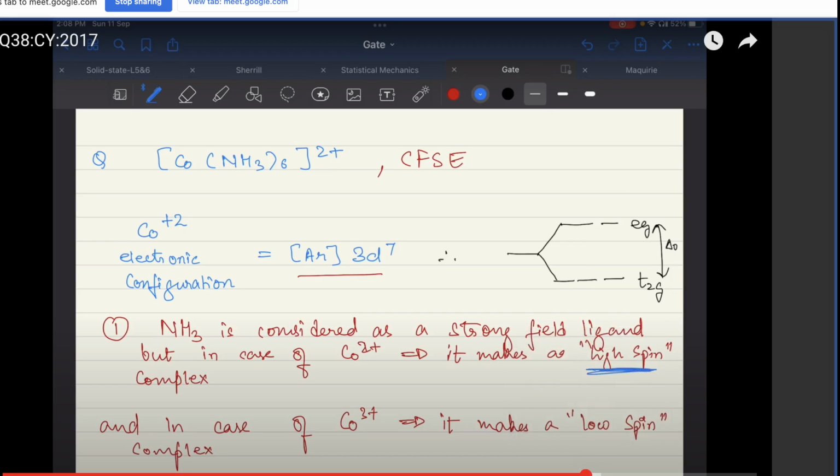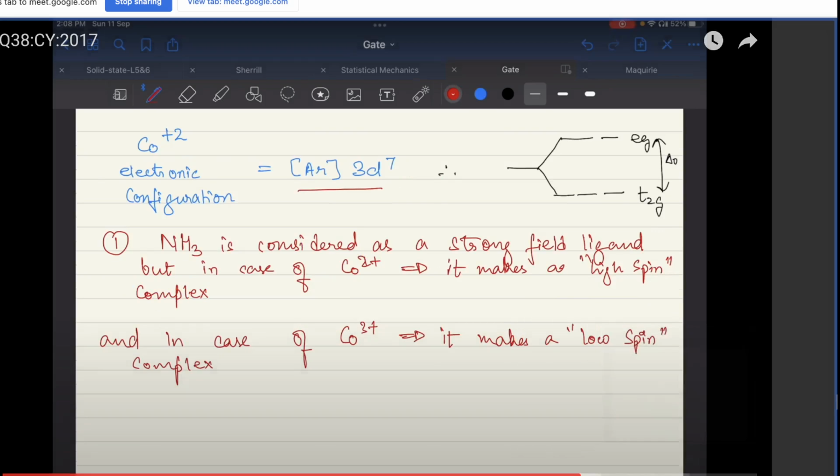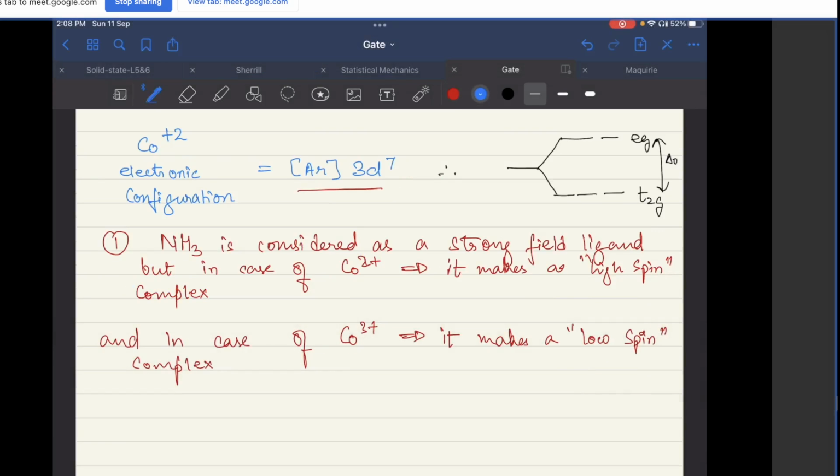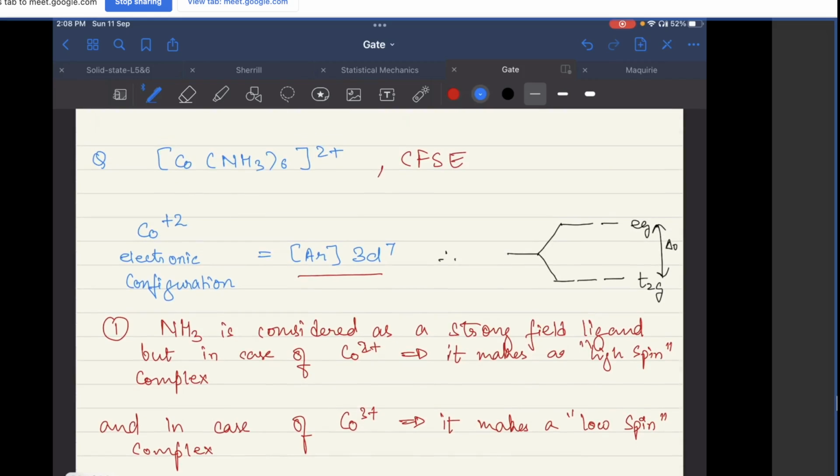So when we fill this, my complex is in high spin, because the oxidation state of my cobalt is 2 plus. So this will be 1, 2, 3, 4, 5, 6, 7.